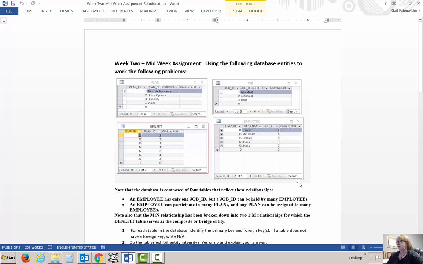Now, when we start looking at referential integrity, it refers to the foreign keys. And it means that the foreign key in one table must refer to a primary key in another table. Okay. So referential is for the foreign, entity is for the primary.